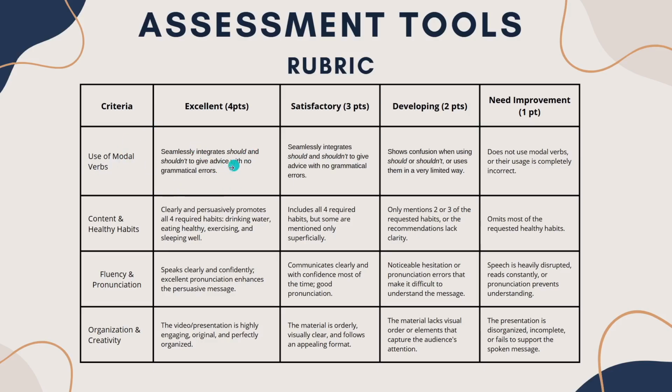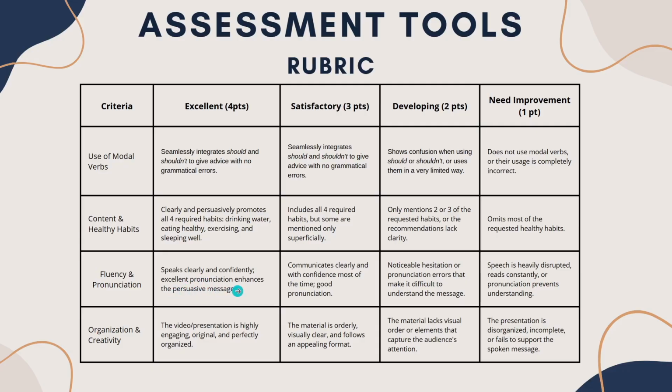The best condition in which a student should perform is the first one. Seamlessly integrate should and shouldn't to give advice with no grammatical errors. In the content, the student has to promote all the four required habits that are taught, which are drinking water, eating healthy, exercising, and sleeping well, clearly and persuasively, and speak clearly and confidently.